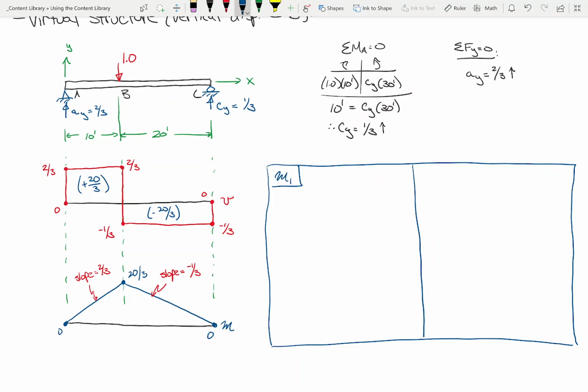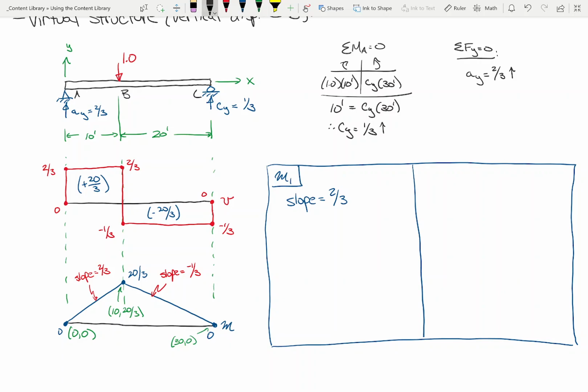You're telling me the slope of this line is 2/3. Okay? Now, I told you that this is a graph. What are the coordinates of these points? What's the coordinate of this point right here? 0, 0. Okay? What about that point? 10, 20 over 3. And this one is 30, 0, right?